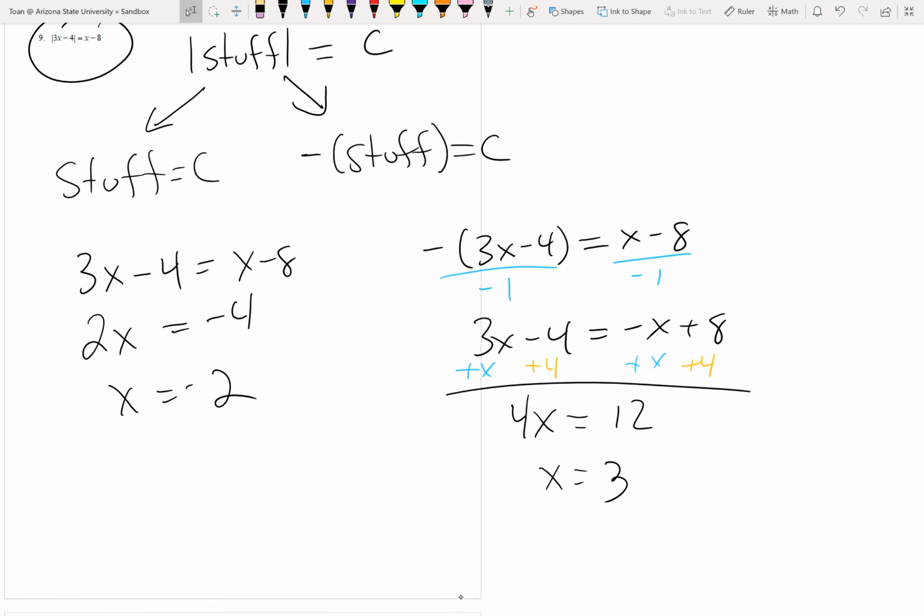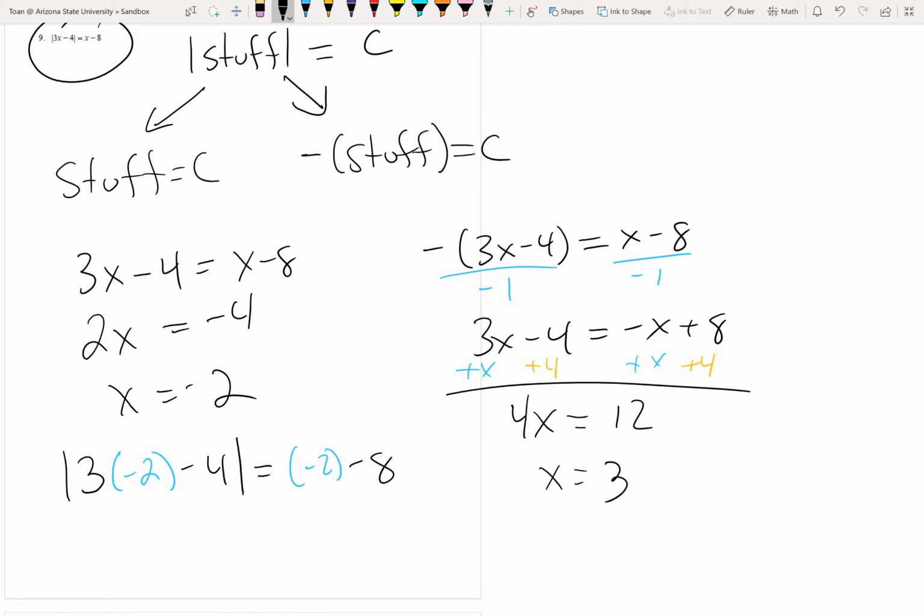So let's check -2. All you've got to do is plug in a -2 into the original problem wherever you see an x. So I'm just going to copy down the problem, absolute value of 3x minus 4 equals x minus 8, but wherever I see an x, I'm going to substitute a -2. So instead of x minus 8, it'll be -2 minus 8.